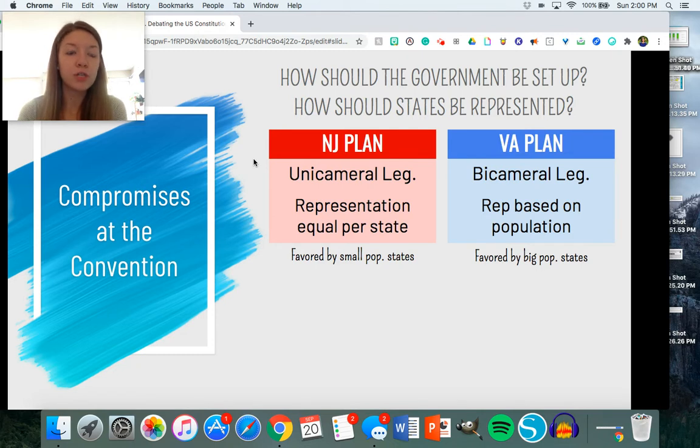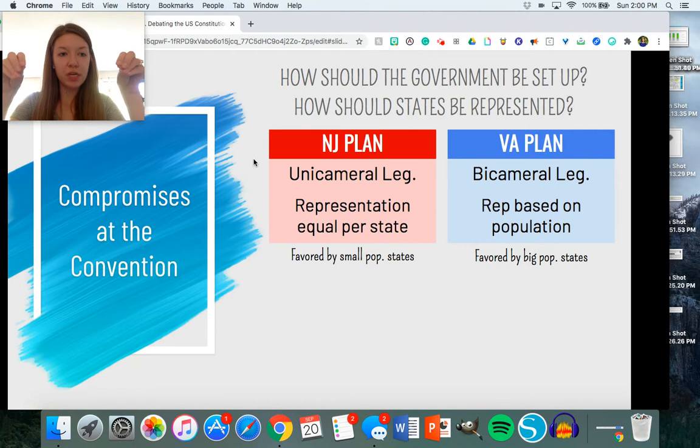Now, of course, our larger states are not going to be totally for this plan. So the larger states, particularly Virginia, put forward another plan, and this is called the Virginia Plan. The Virginia plan proposes a bicameral legislative branch. So bi meaning two. So it's going to say Congress should be in two pieces, two houses or chambers, and representation should be based on population. So the more populous your state is, the more representation you had.